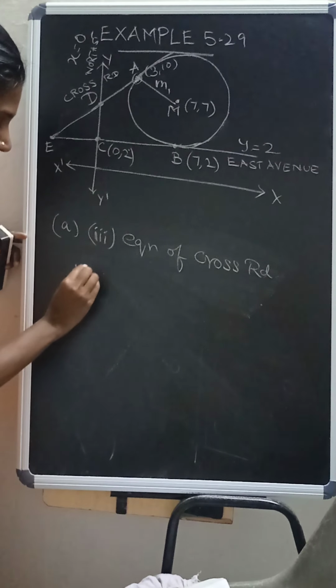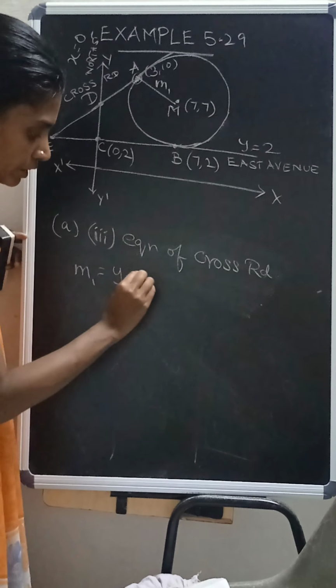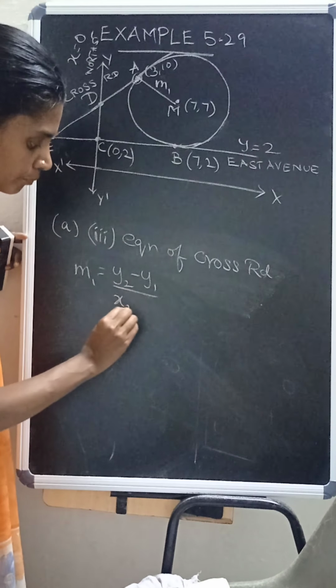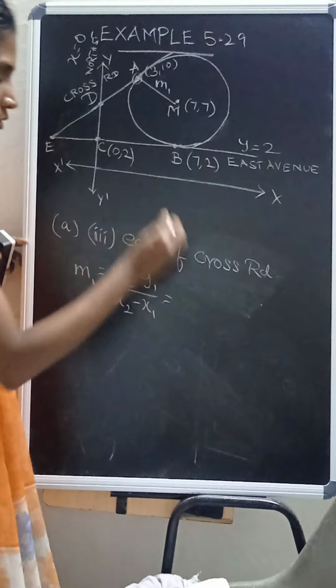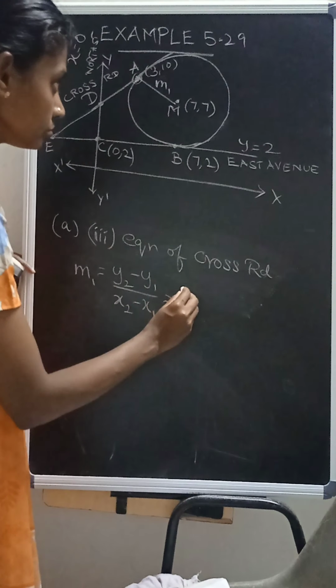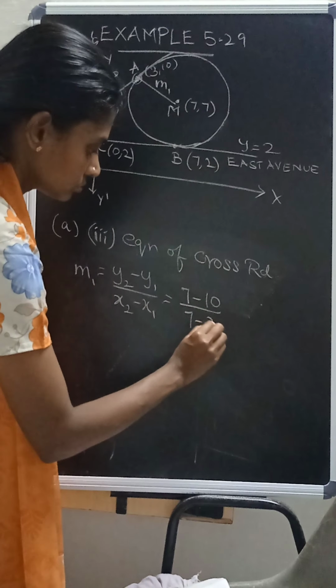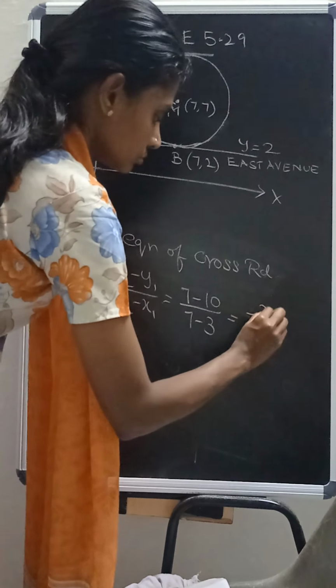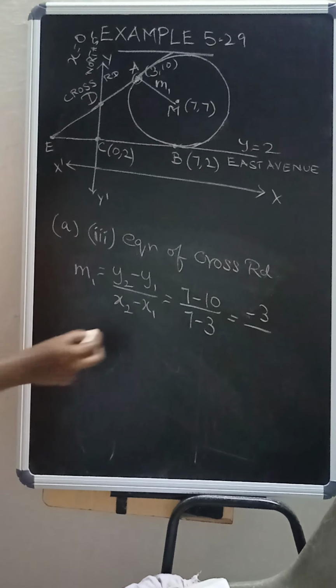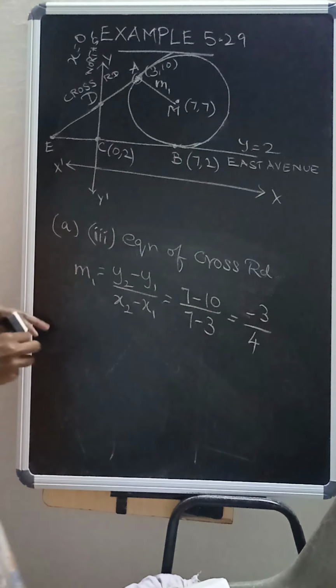Now find the slope m1. What is the slope formula? (y2 minus y1) divided by (x2 minus x1). So substitute the values. So minus 3 by 4.